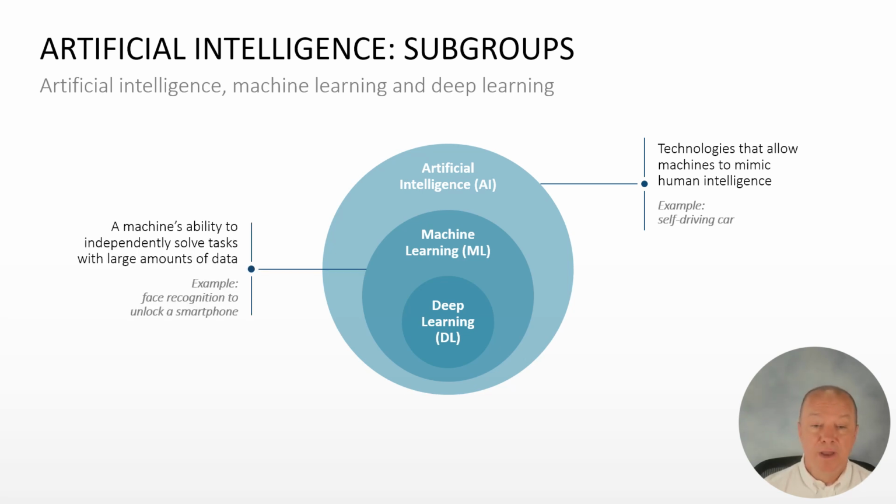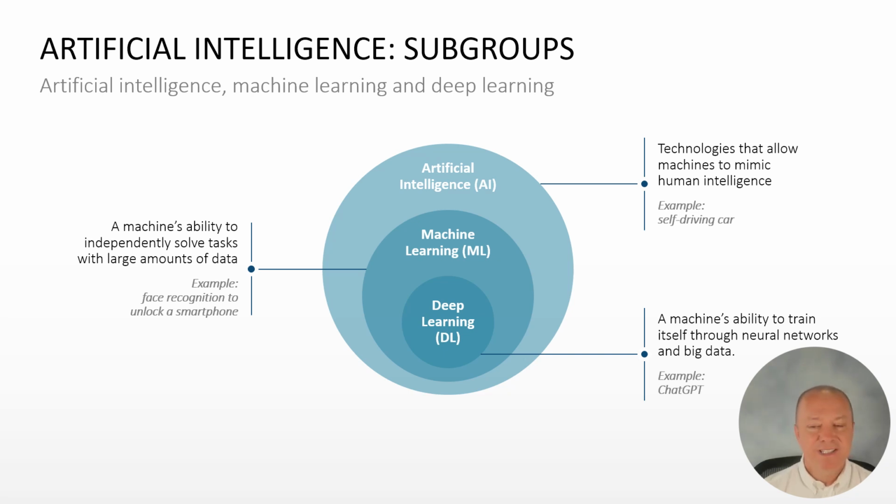We also have machine learning, which is a machine's ability to actually think and independently solve tasks using large amounts of data. An example of this perhaps would be facial recognition to unlock a smartphone. And then finally, we also recognize that deep learning is a machine's ability to train itself through neural networks and big data. And an example of this in recent times would be ChatGPT.